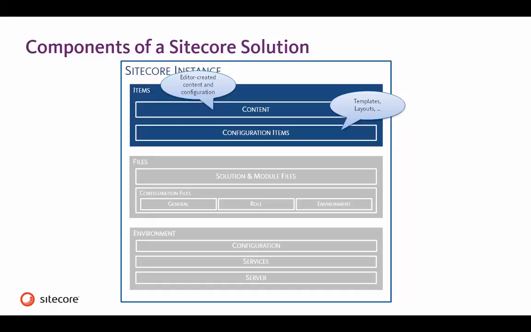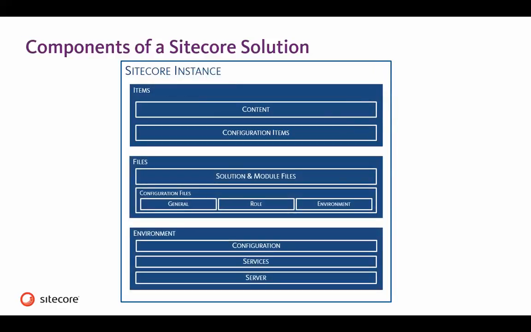And on top of this, we have the content that's editor created and managed, and even configuration items that are managed by the editors. We'll get back to why the split up is important. So these are all the overall moving parts of a Sitecore solution.